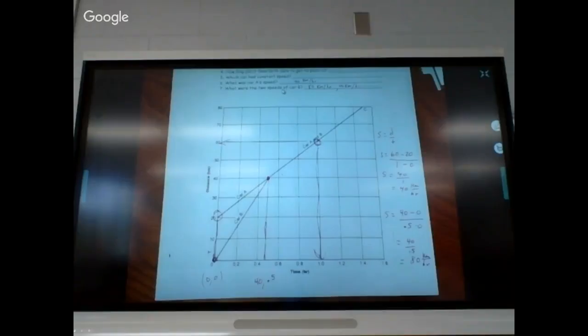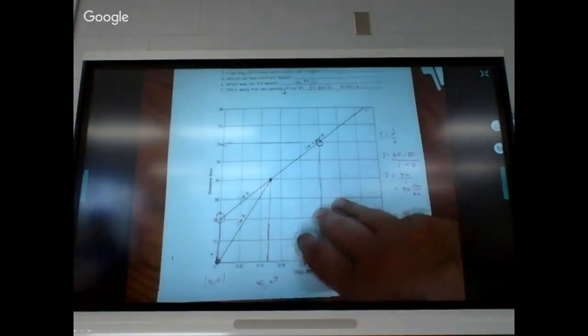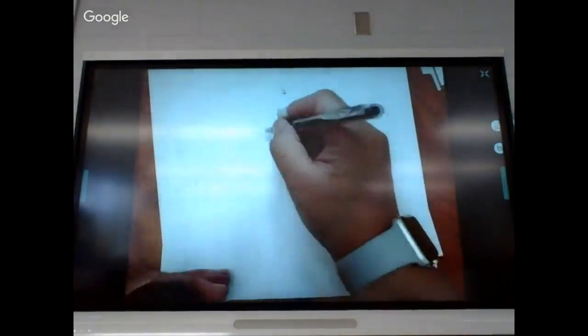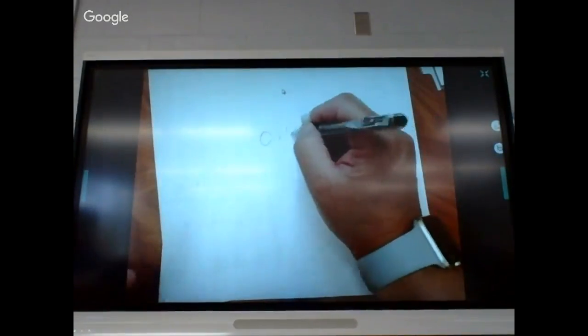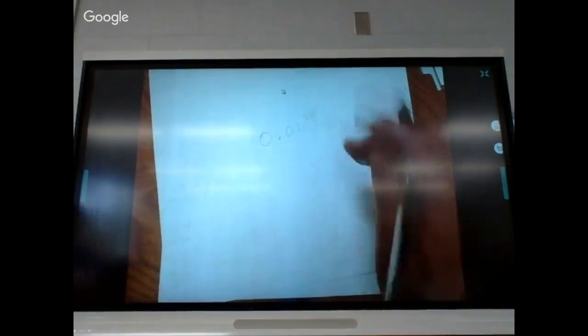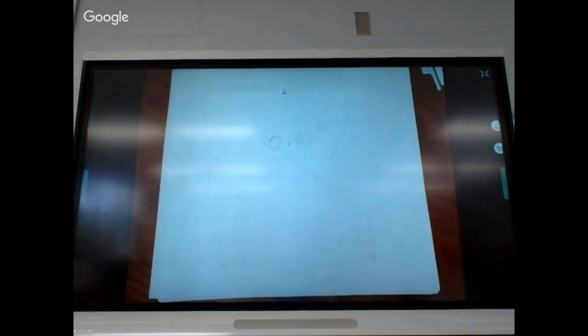Now, in the column that says distance, what units did I tell you we were using? Time will be in seconds. This is the last thing I need to show you so that everybody knows how to record their times. So, over here, when you get a time like 0.0125, how are you going to write that on your sheet?